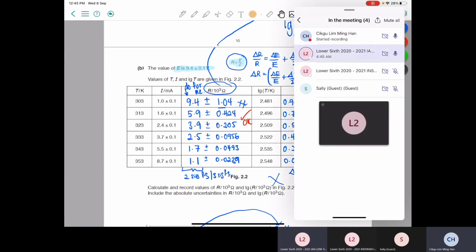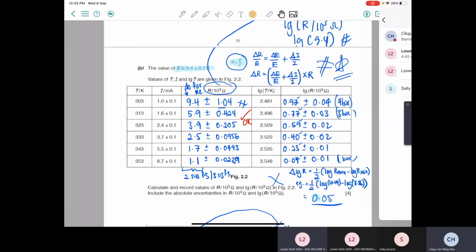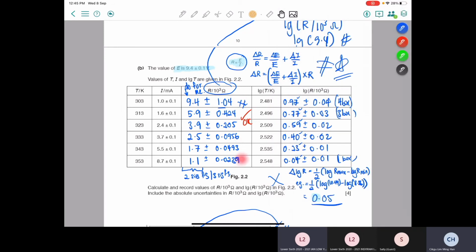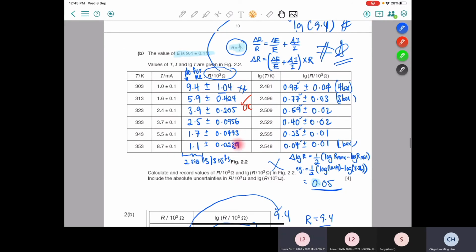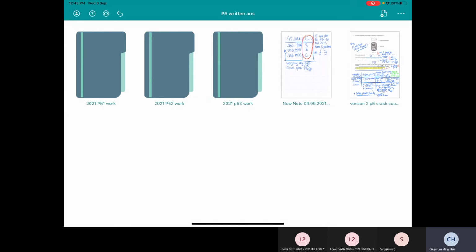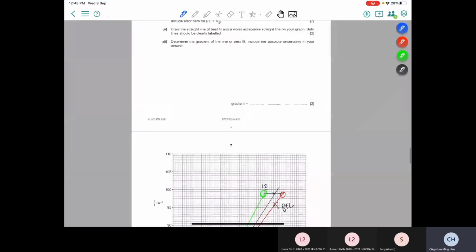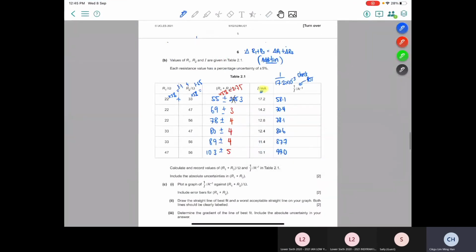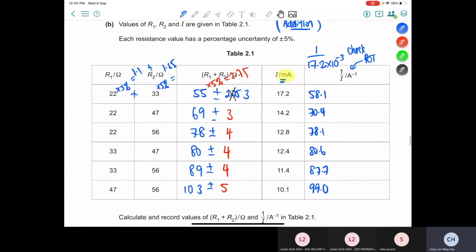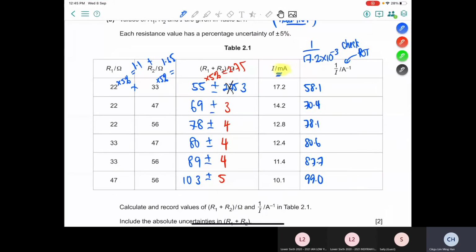For the uncertainty answer, if it's addition and subtraction, we add the individual uncertainties. Just add them up. Or do we have to do change in R over R plus? No need, just simply add it up. Let me show you one we did last time, a 5-2 one.